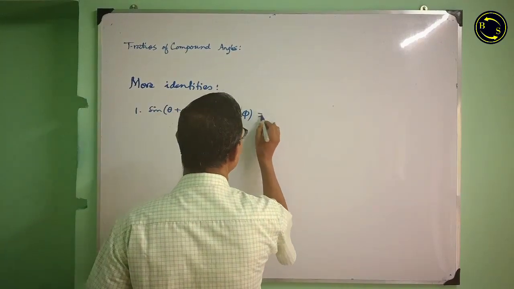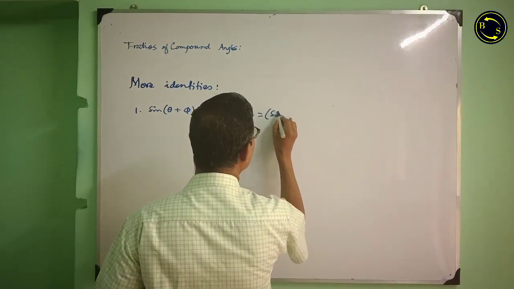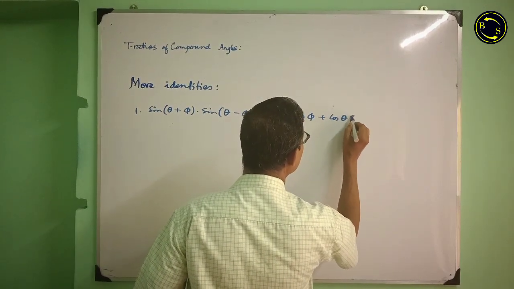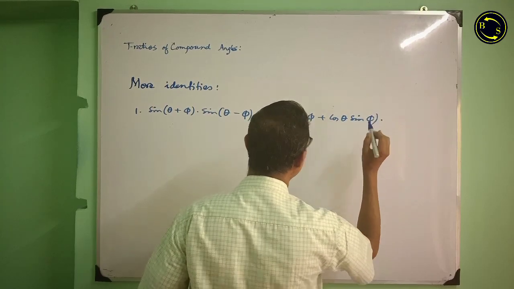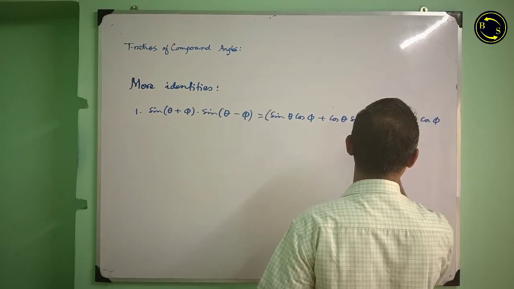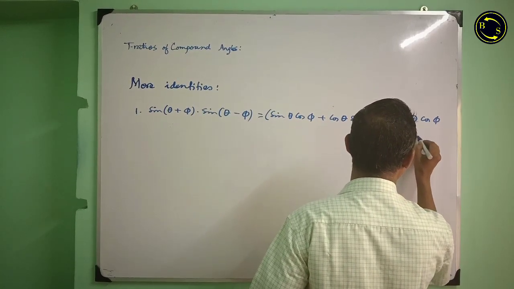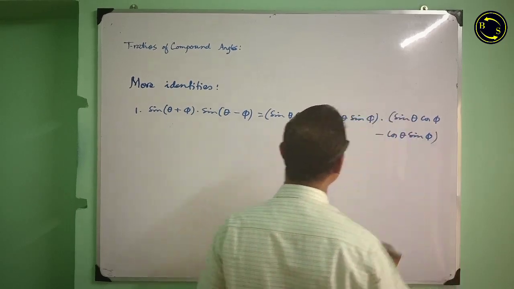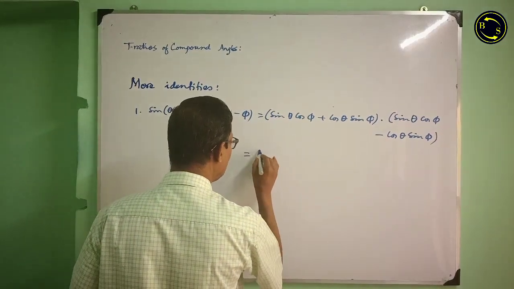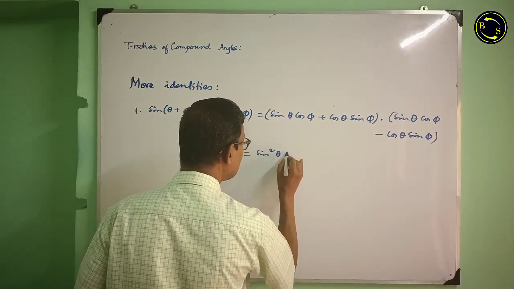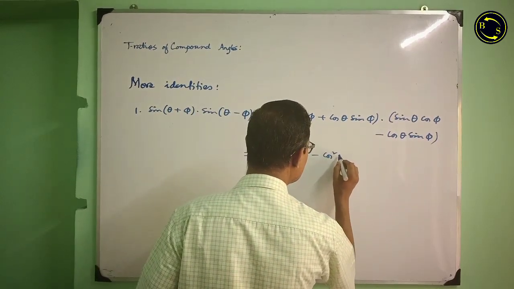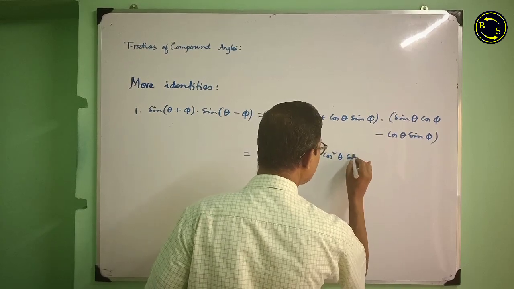What is that? Already we have got the values, and this is of the form a plus b into a minus b. Therefore, it will be sine square theta cos square phi minus cos square theta sine square phi.